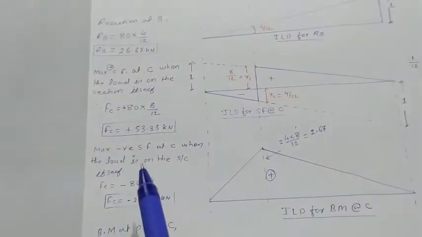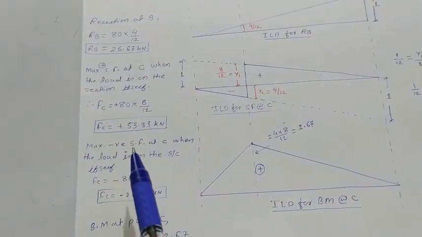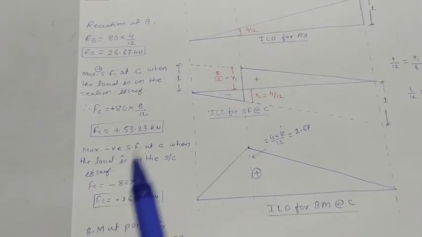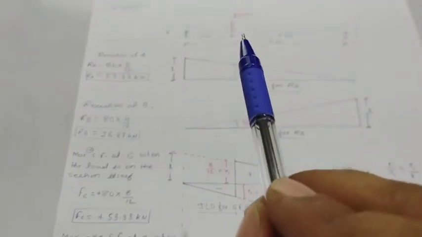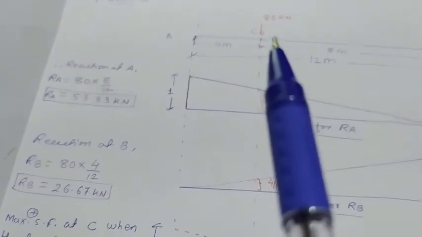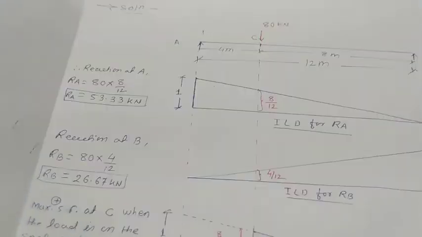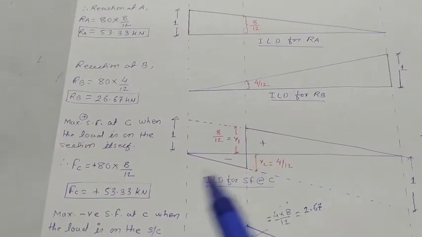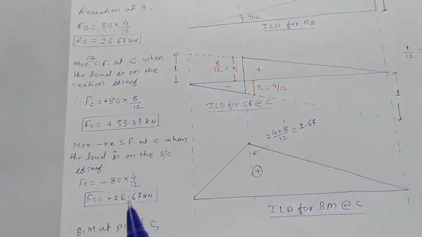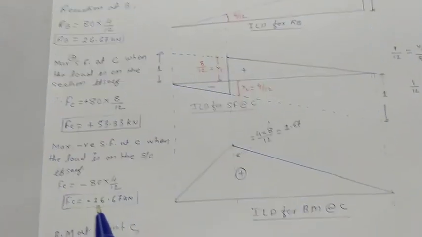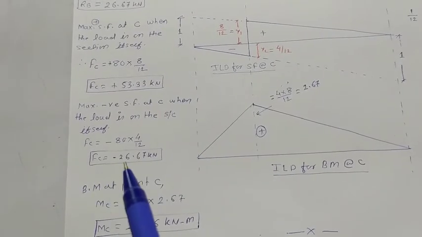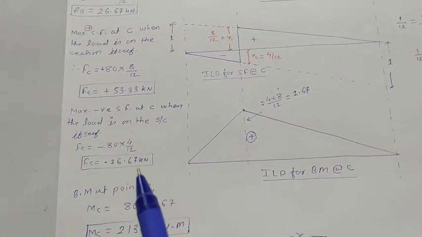Similarly, find the maximum negative shear force at point C when the load is on the section itself. Suppose I apply the load at point C: 80 multiplied by 4 by 12, you will get the negative shear force, that is 26.67 kilonewton.